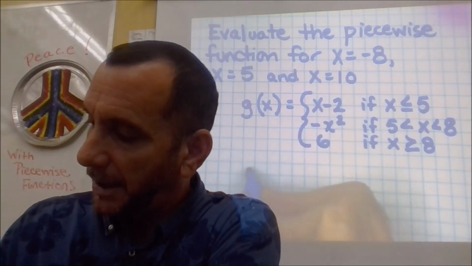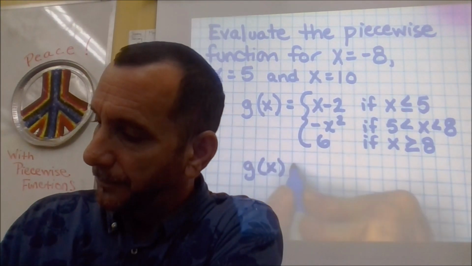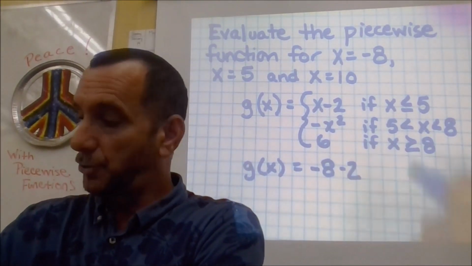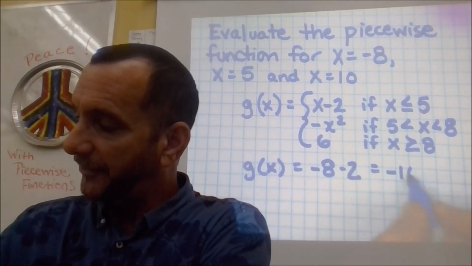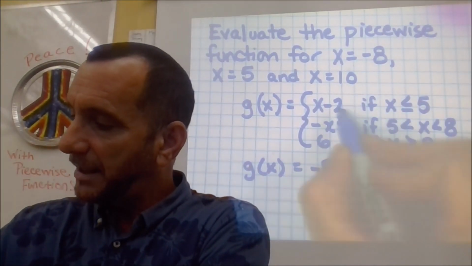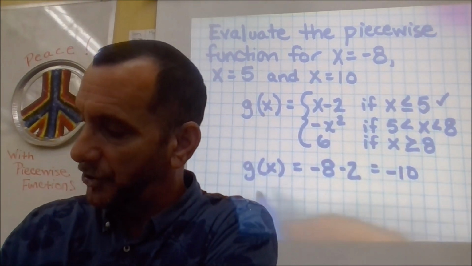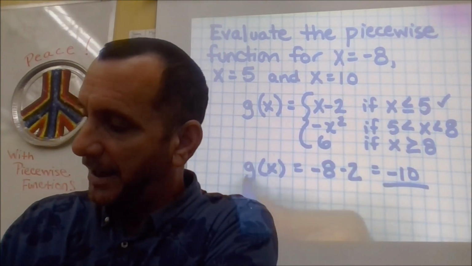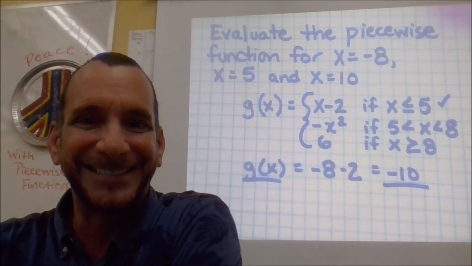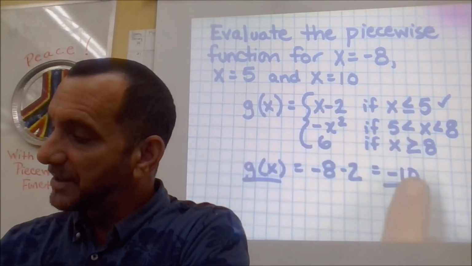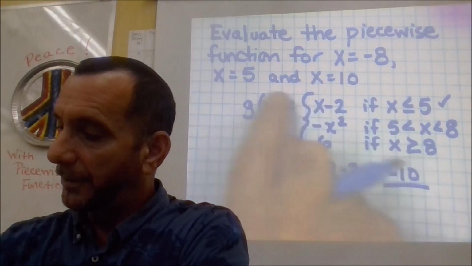We plug it in here. g of x equals negative 8 minus 2 equals negative 10. So when x is negative 8, we're using the top piece of the function, and g of x equals negative 10.